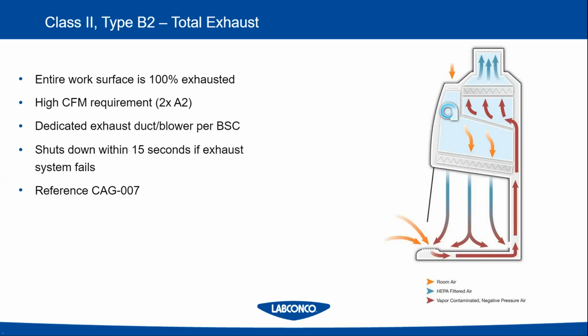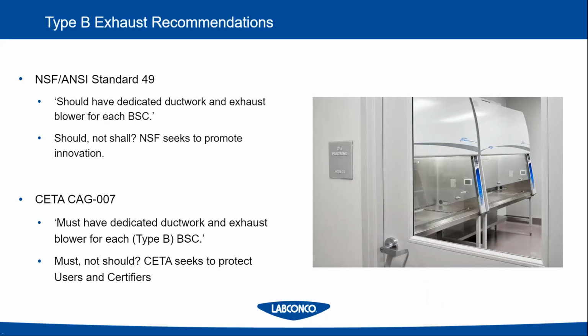Because there's a single pass airflow and it's completely exhausted, this requires a lot more blower power to drive the exhaust of a type B2 biosafety cabinet. There are also some considerations with the type B2 biosafety cabinet. NSF 649, which is the gold standard for biosafety cabinet certification, says that each B2 should have its own dedicated exhaust blower.